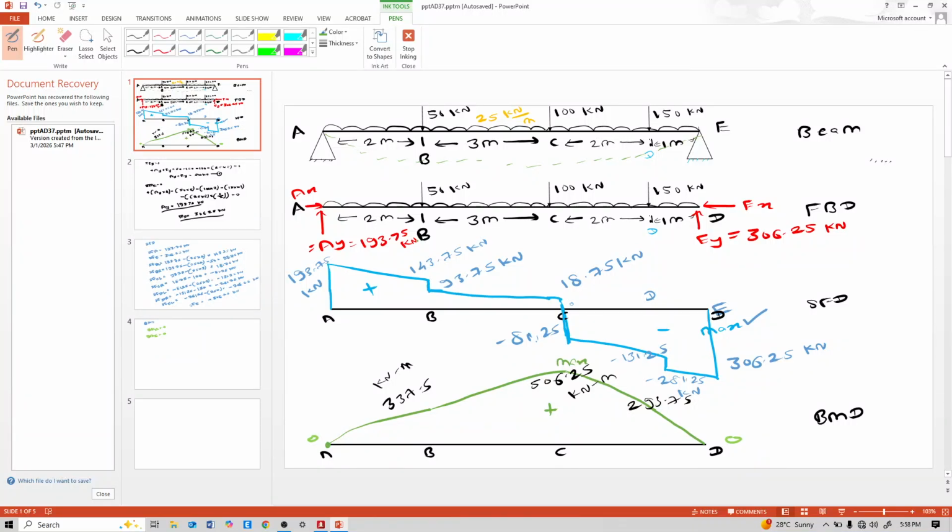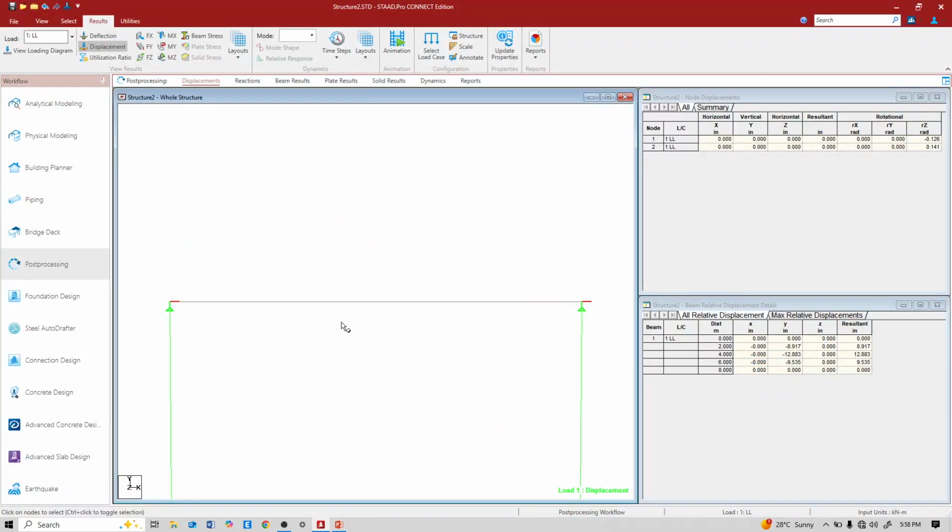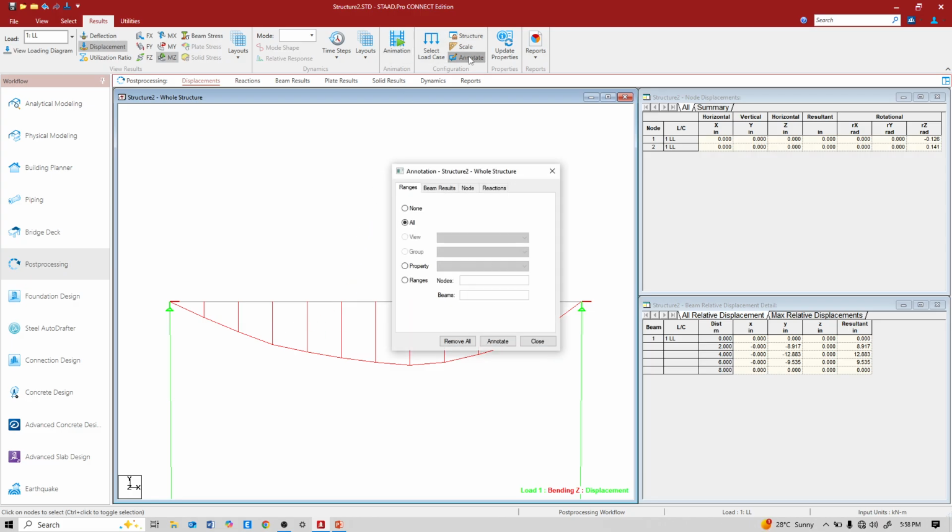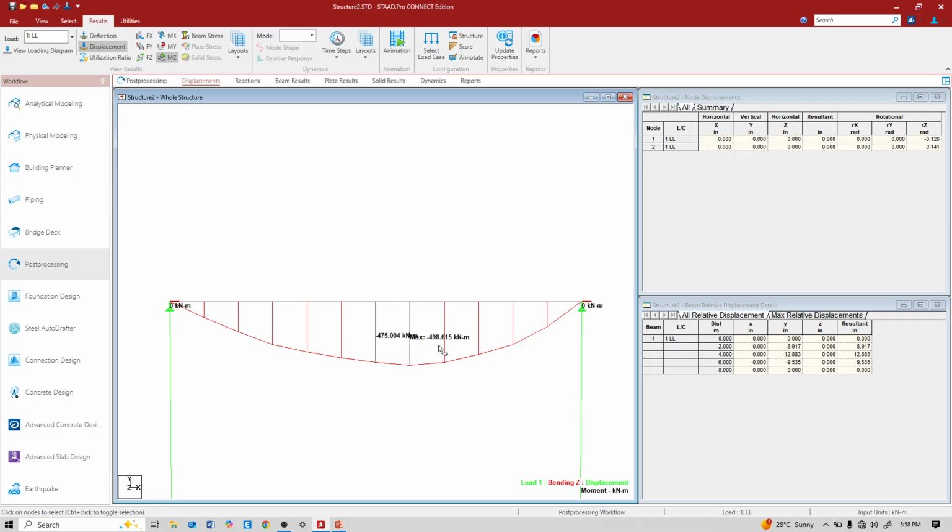But see, deflection is downward sagging, that's why sagging bending moment comes positive. But here StatPro tells us that it is downward. So I tell you that StatPro negative values are sagging bending moment values.